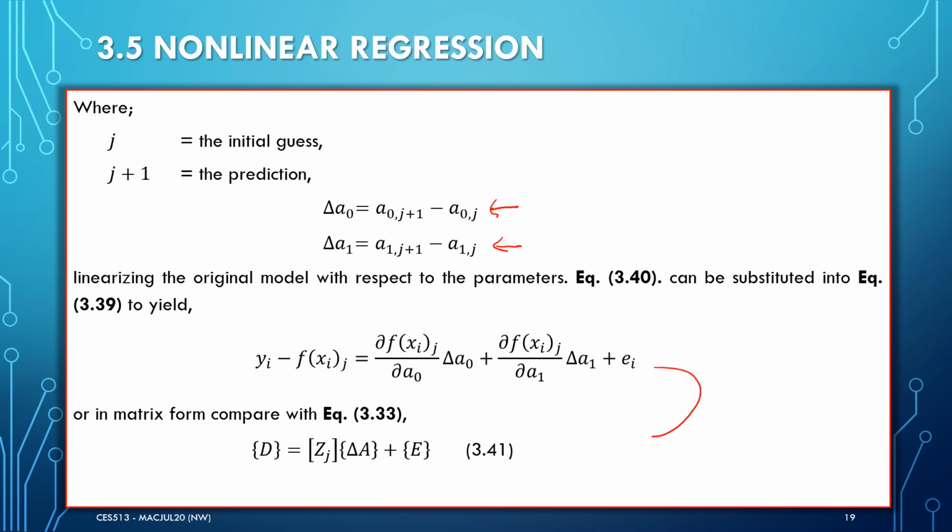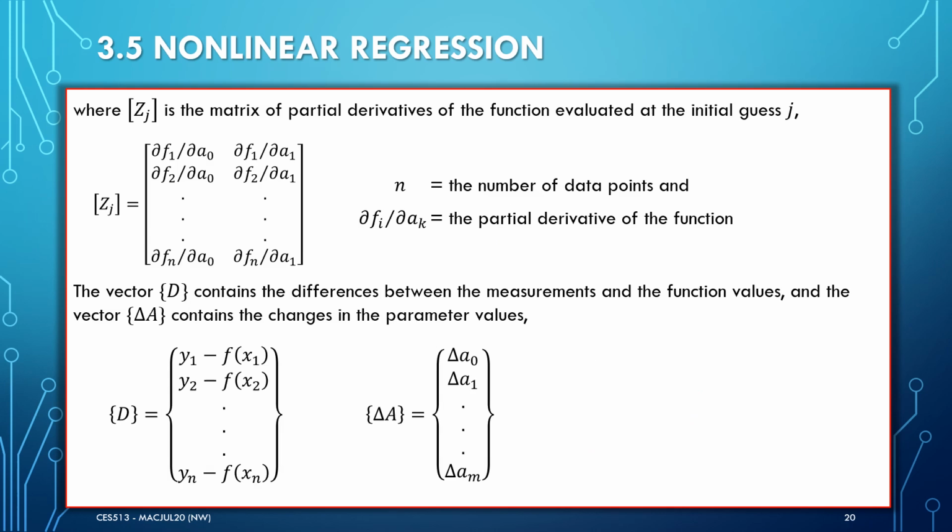This can be simplified into a matrix form: D equal to Zj delta A plus e, where Zj is the matrix of partial derivatives of the function evaluated at the initial guess j. So this is the matrix for Z. N is the number of data points, and the partial derivative of fi with respect to ak is the partial derivative of the function. The vector D contains the difference between the measurements and the function values, while the vector delta A contains the change in parameter values.